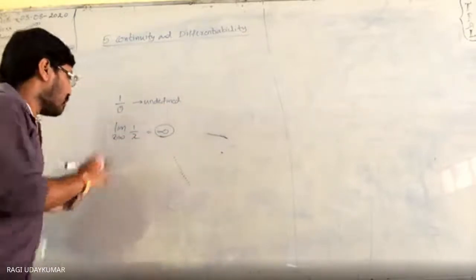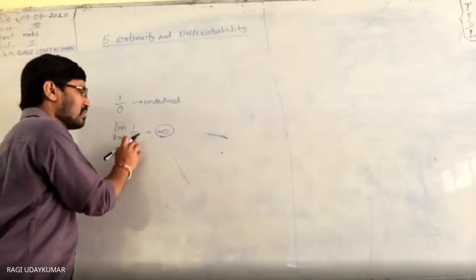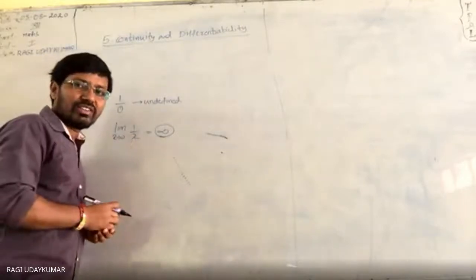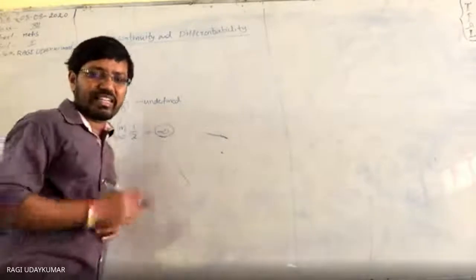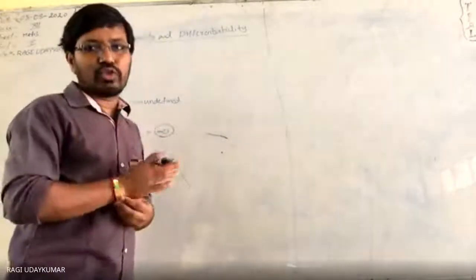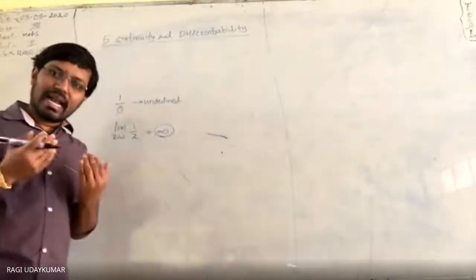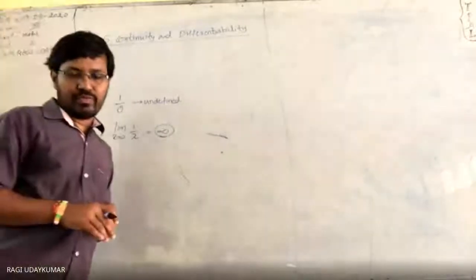But mostly in the x case, if we substitute 0, 1 by 0 will come, sir. That means 1 by 0 is infinity. Always you are not supposed to substitute it. Limit is nothing but not exactly substituting the value.